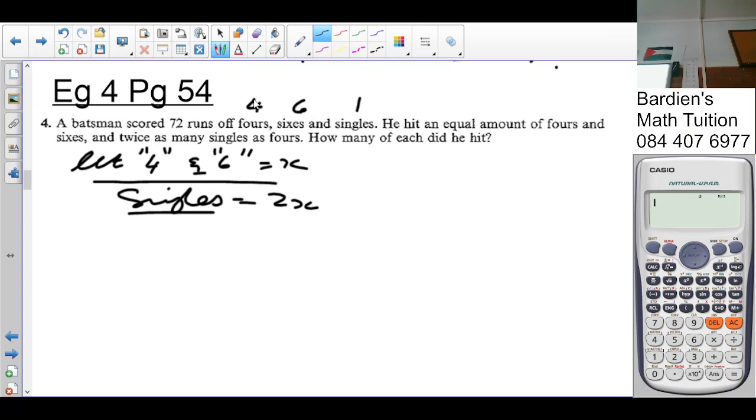How many of each did he hit? Now remember, you got the total. The total is 72 runs. So how do you think you're going to set up this equation? X plus x plus 2x?